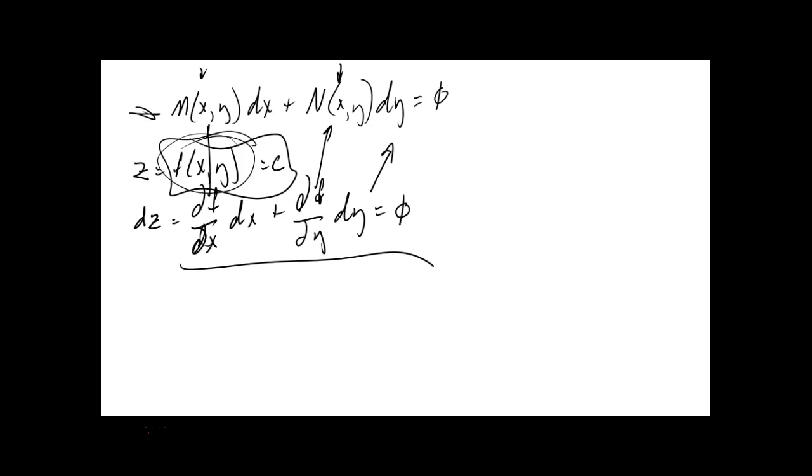Now, we can generate a first-order differential equation by computing the differential on both sides of the equality. I think I need more room, so I'm going to erase this, but keep in mind what we've got there.